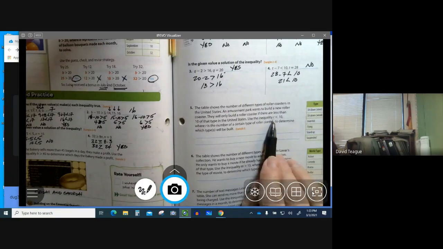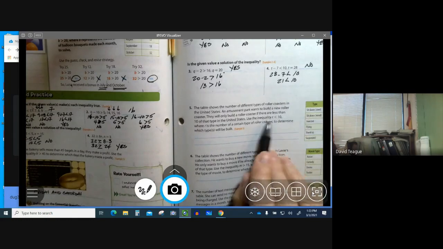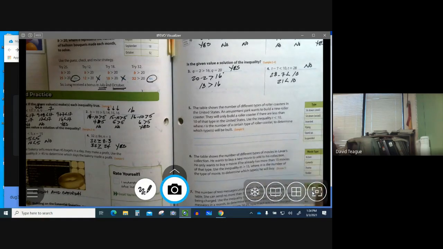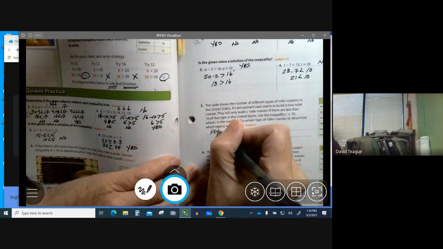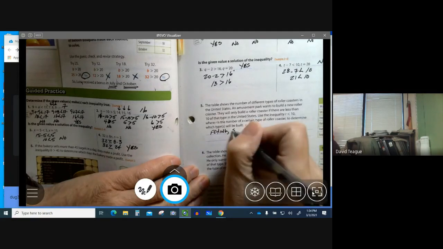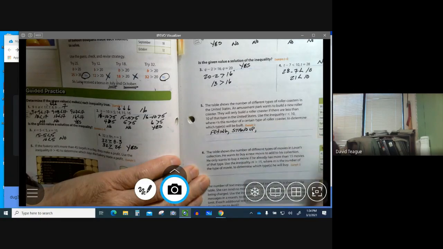So is 460 less than 10? No. 111 is not less than 10. 42 is not less than 10. 9 is less than 10. 7 is less than 10. 5 is less than 10. So the only 3 roller coasters they're going to build is the flying, the stand-up, and the suspended.